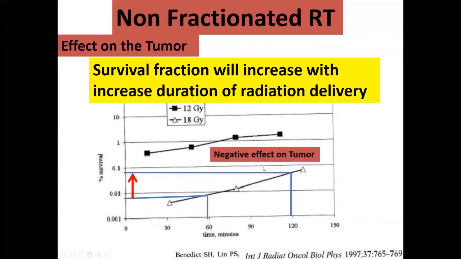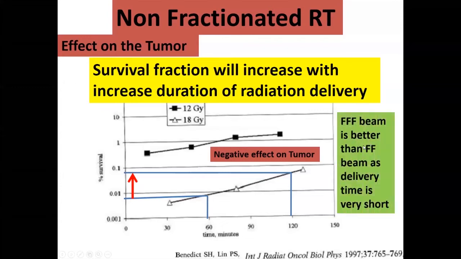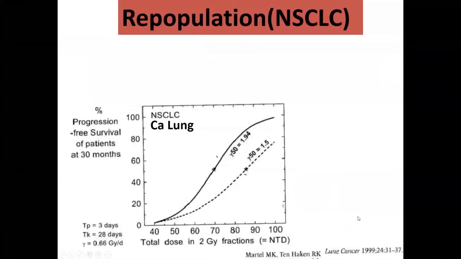Now, if you are really worried about tumor control, and naturally we are, then machines which can deliver the whole dose faster are better as far as intrafraction repair in tumor cells is concerned. And that is why a flattening filter free beam is considered to be better than a filtered beam, as the delivery time is very, very short. So this was about the repair of the sublethal damage.